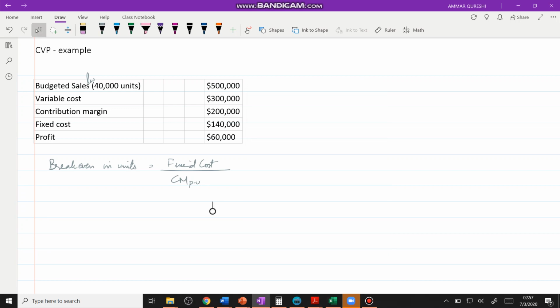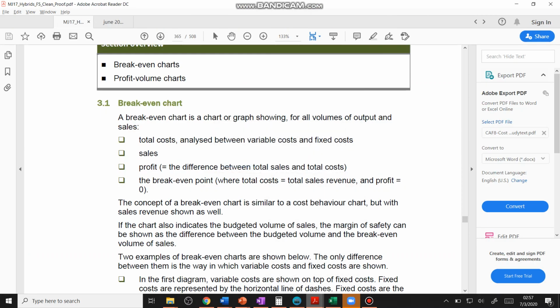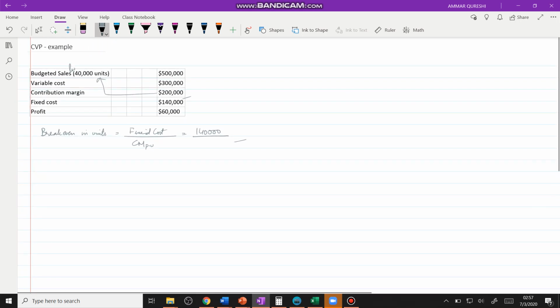Fixed cost is around 1,40,000. And contribution margin per unit is what? See, total contribution is given here. This is total contribution, right? If you want to calculate per unit, you have to divide 200,000 by 40,000. I mean, per unit, we just divide the total amount by the number of units, right?